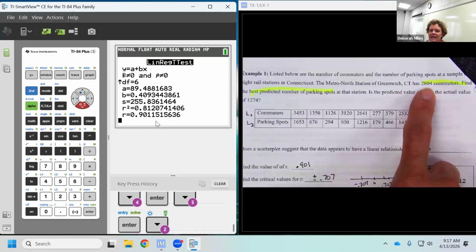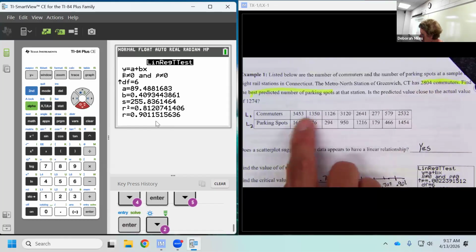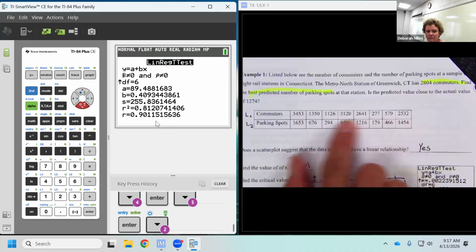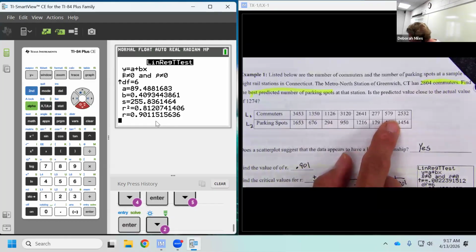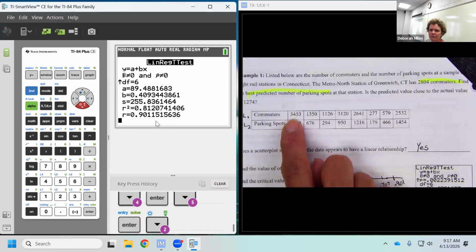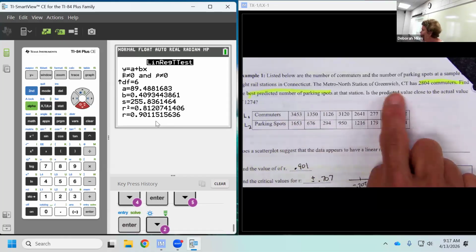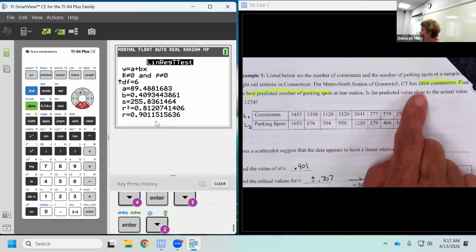Is 2,804 within the scope of these other X values? Well, our lowest X value is 277, and our highest is 3,453. 2,804 lies in that range.